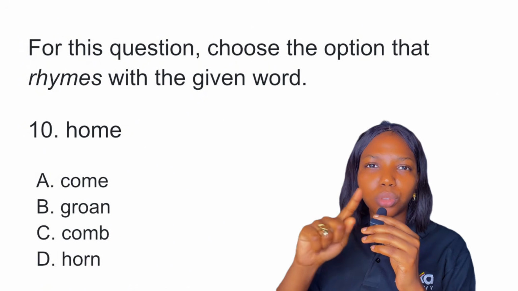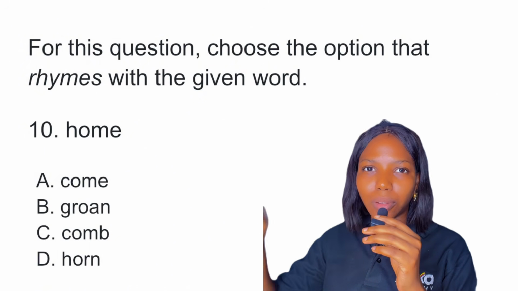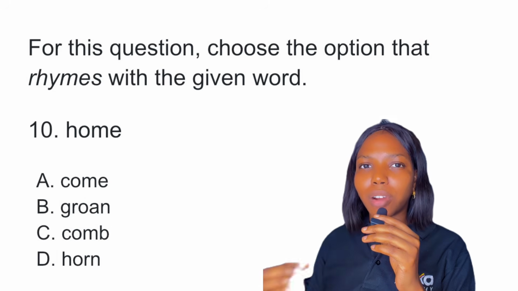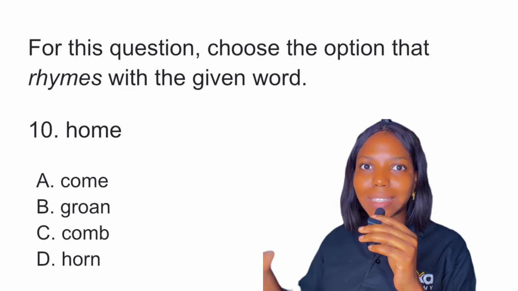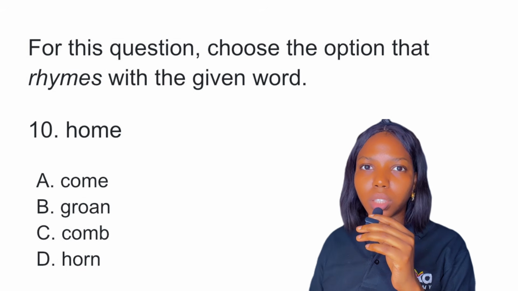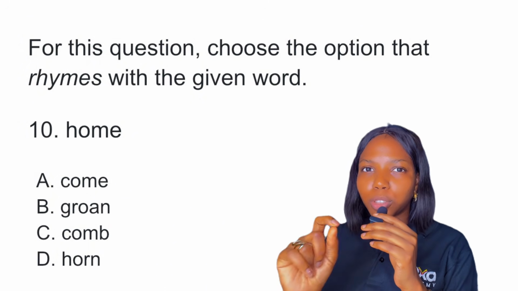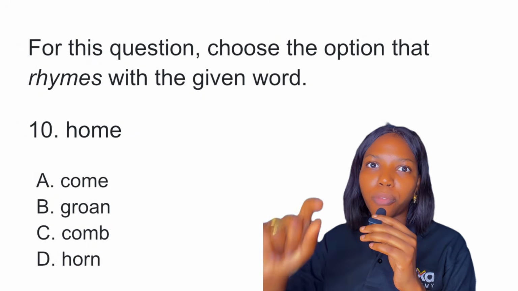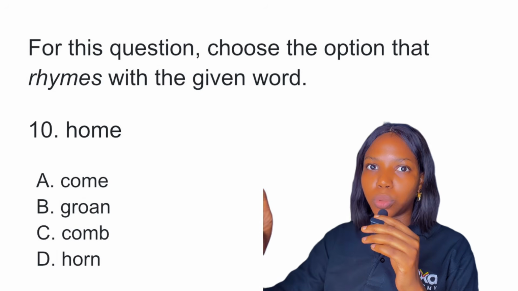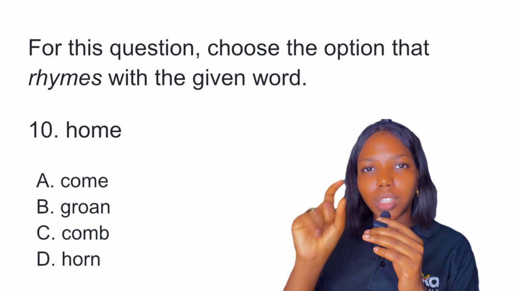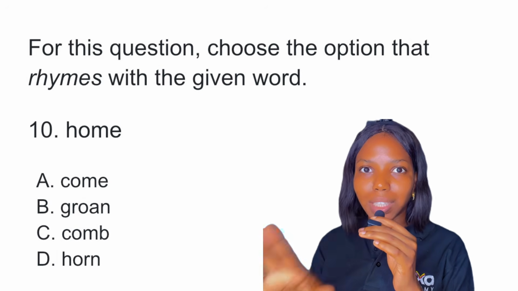The next thing you want to do is start from the last sound, the ending sound, because rhyme is all about the ending sound. So you move backward from the last. Now, the option with the highest number of same ending sounds with the given word is the answer to this question. So let's practicalize, okay?